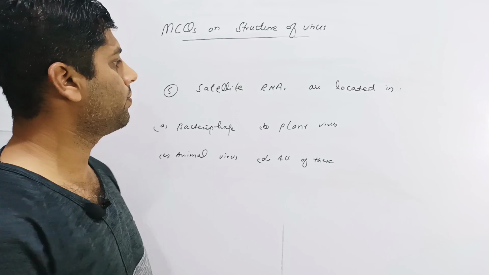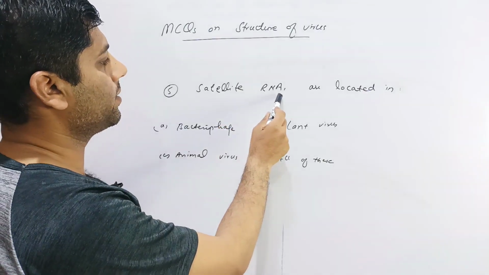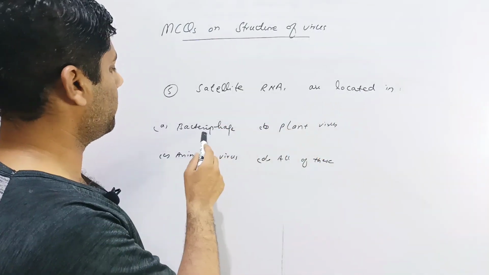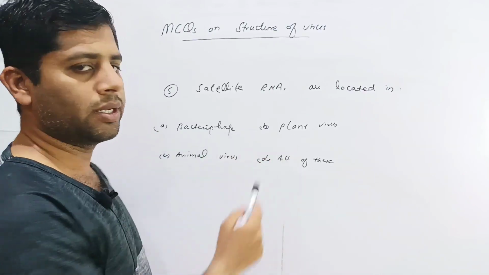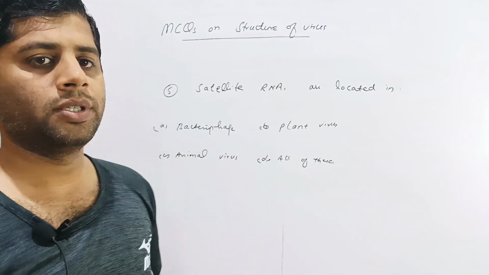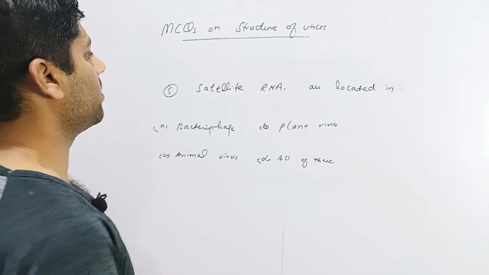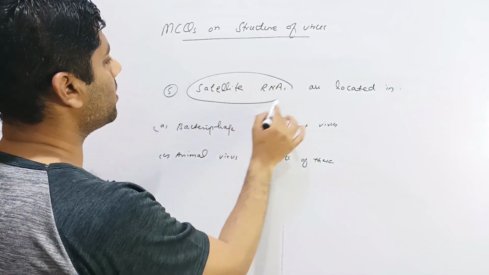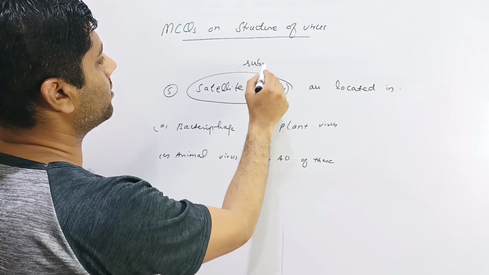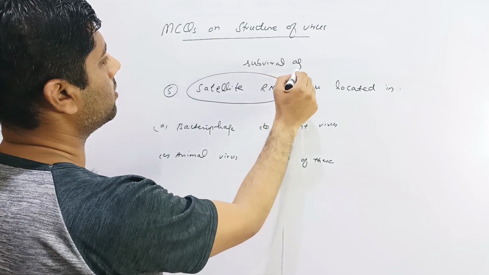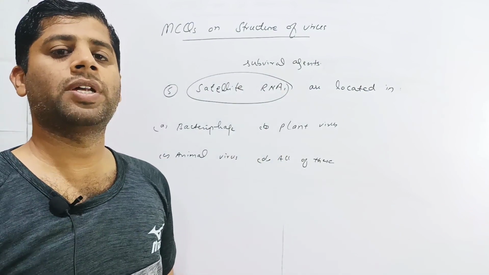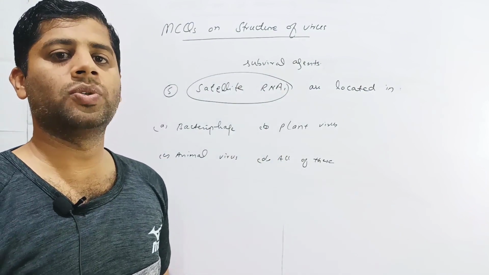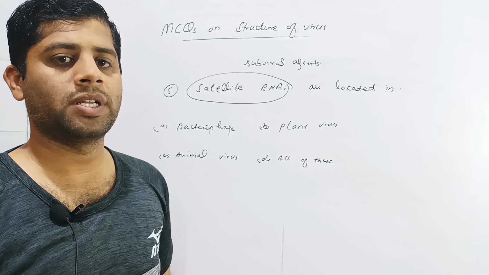Next question is, satellite RNAs are located in: bacteriophage, plant viruses, animal viruses, or all of these options. So, what are satellite RNA molecules? Satellite RNA molecules are subviral agents or subviral particles which, with the help of helper viruses, infect the host and start replication in these cells.